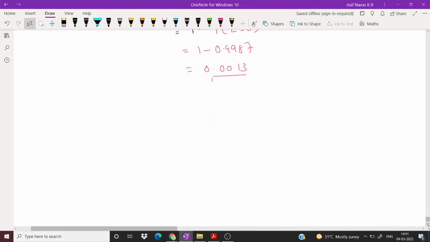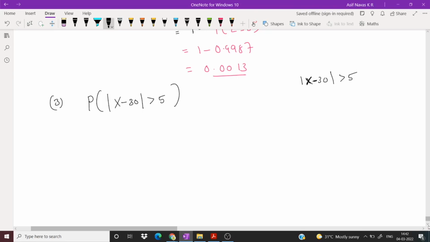So now the last problem, the third problem. Find the probability of modulus of x minus 30 greater than 5.